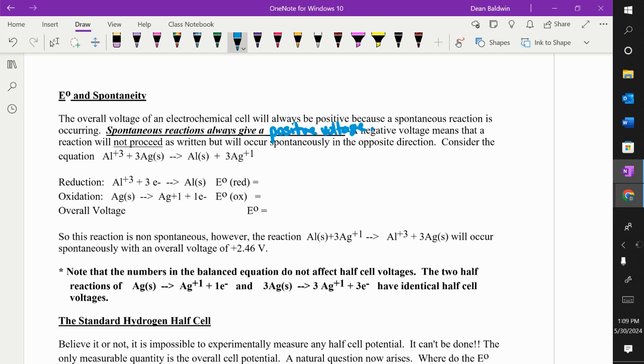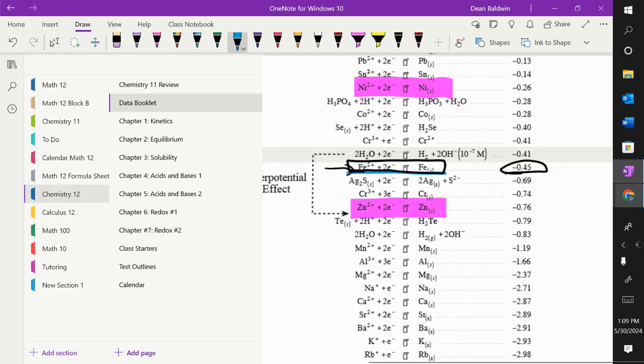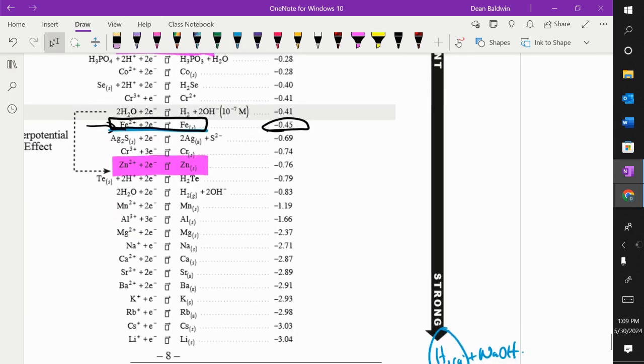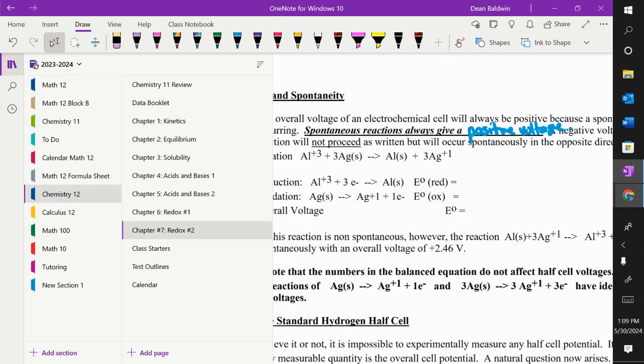So on the data package, where is aluminum? There it is right there. Negative 1.66. We're taking the reaction as written, as a reduction, so we don't change the sign. So it's negative 1.66 volts.